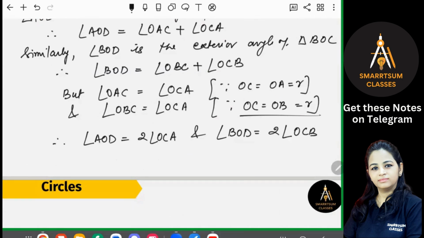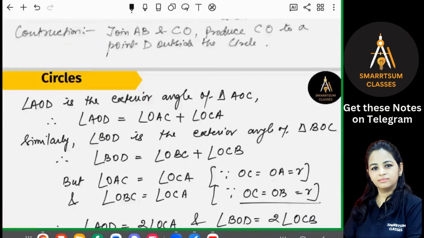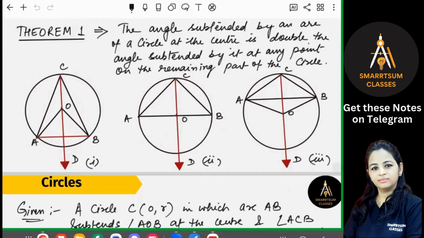Now, in figure 1 and 2, means when the AB arc is a minor arc and a semicircular arc, right? So in figures 1 and 2, angle AOD plus angle BOD, means this plus this, is equal to twice of angle OCA plus twice of angle OCB.